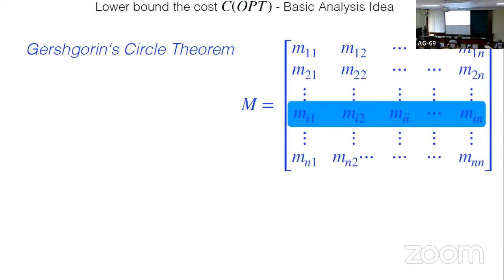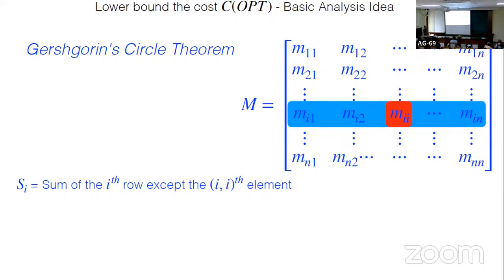And the circle theorem just states the following. Look at a matrix, look at any particular row of the matrix. You remove the diagonal element of that row. So S_i will be the sum of the ith row other than the diagonal element.